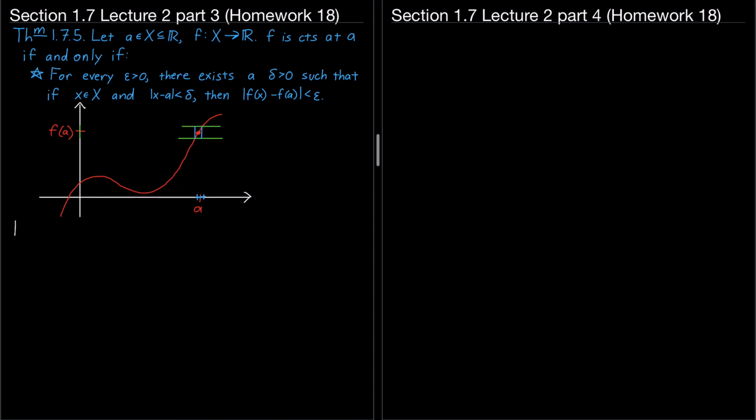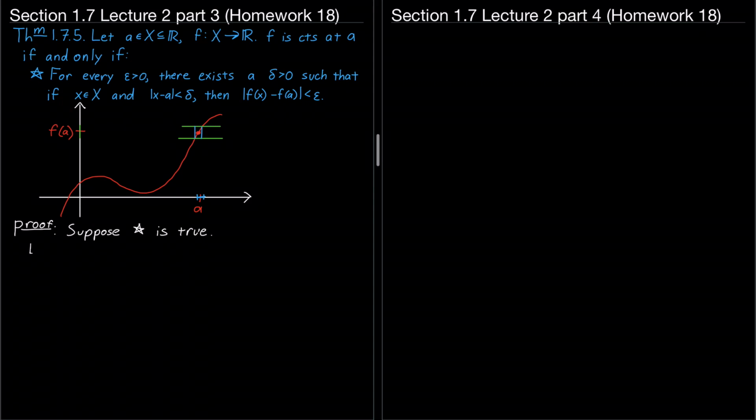Let's prove this. This is an if and only if statement, so we need to prove both directions. Let's start by supposing that our condition star is true. Then we need to show that f is continuous at A in the sense of our definition 1.7.1.